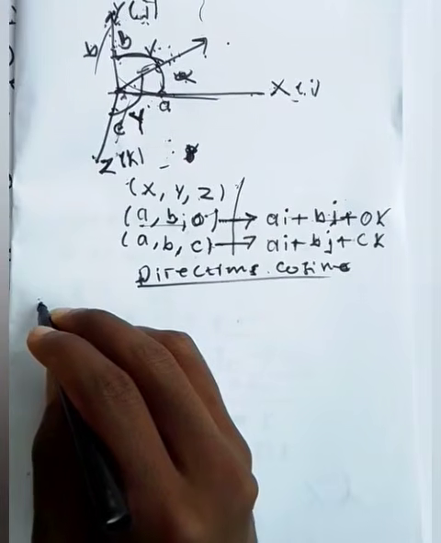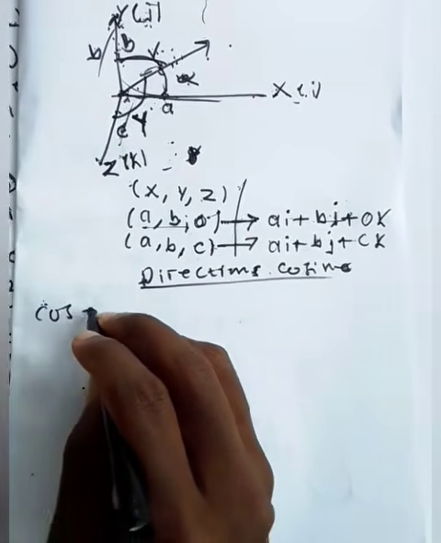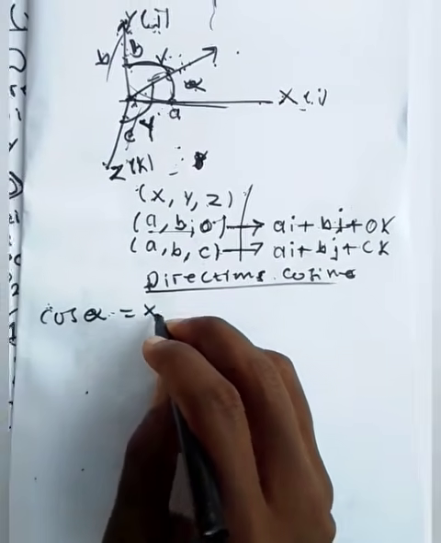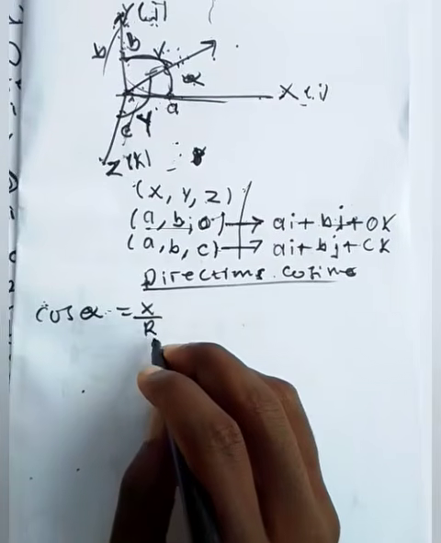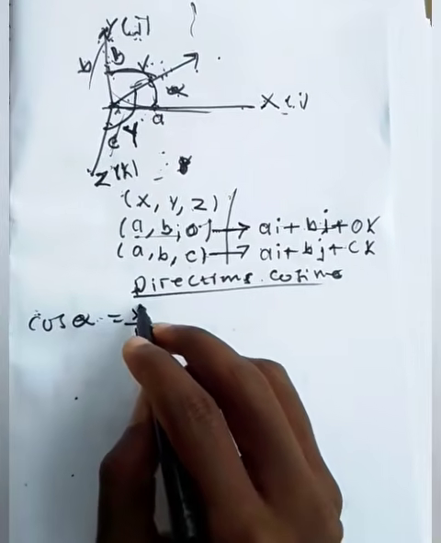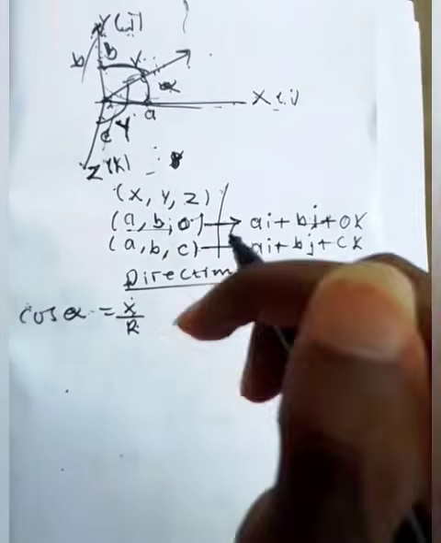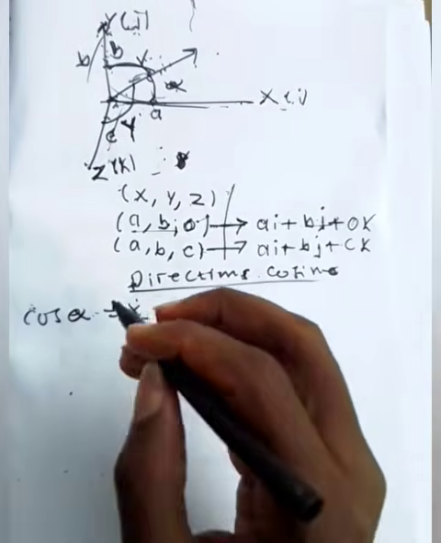So let's start with the one for alpha. You say cos alpha is equal to x over r. x is simply the component in the x. R is the resultant. I'll show you the formula for resultant in just a minute.